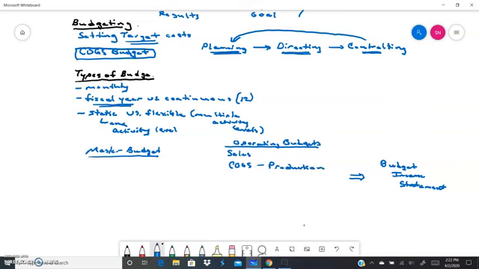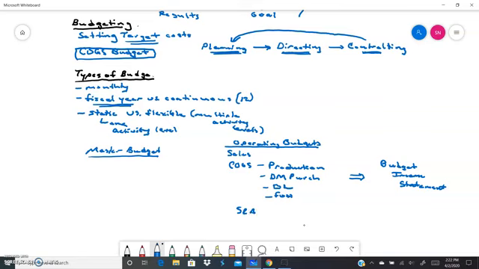Based on production, that would tell us how much direct materials we would have. So we'd have a direct material purchasing budget. So how much direct materials do we need to purchase? How much direct labor? And how much factory overhead? So all of these would be separate budgets and part of the cost of goods sold budget. And then we'd also have selling and administrative budget.